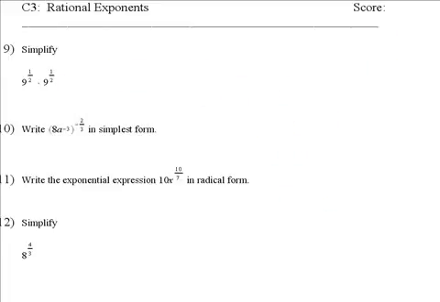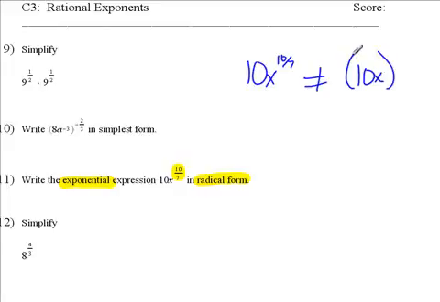Number 11, they want us to write this in radical form. In other words, instead of doing a power the exponential way, they want us to write it with the root symbol. So what I need to see here is a 7th root of something. The key that a lot of you guys ran into trouble on this was of what? There's a big difference between this expression, which is what the problem is, and this expression, which is not what the problem is.